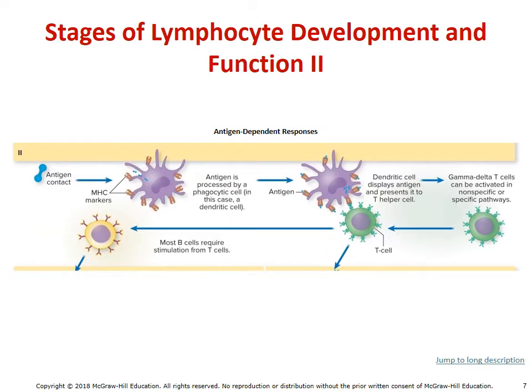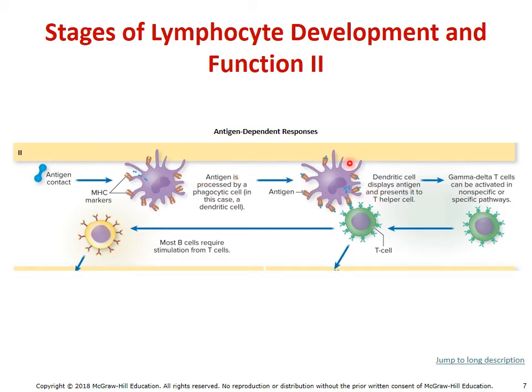So let's show you what happens whenever we activate or present an antigen to B and T cells. So notice here we're looking at the introduction of an antigen to a dendritic cell, and really again this antigen would be picked up whenever we destroyed the cell that had it.